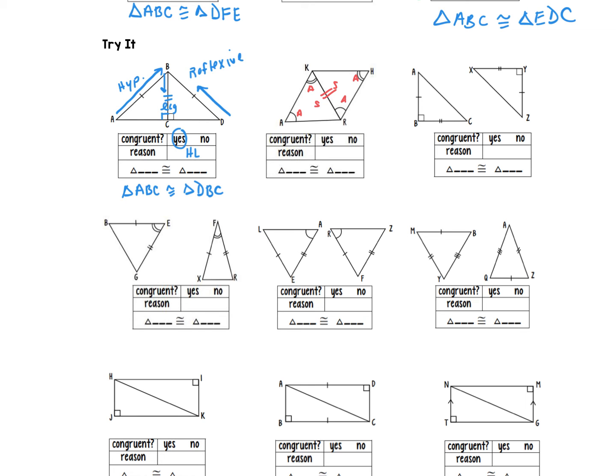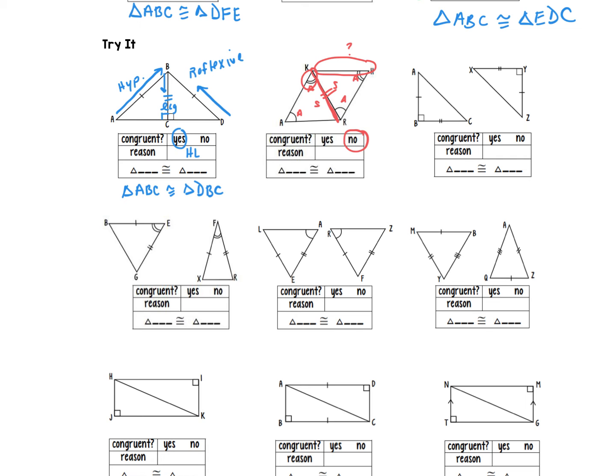These two are not congruent to each other because notice that this side is coming out of the angle marked with 2 arcs. That's not the right side that we need. That's not the correct side that we need in order to say these two triangles are congruent. All right, so the pieces are not in the right places. So we have to say, no, these two are not congruent to each other.